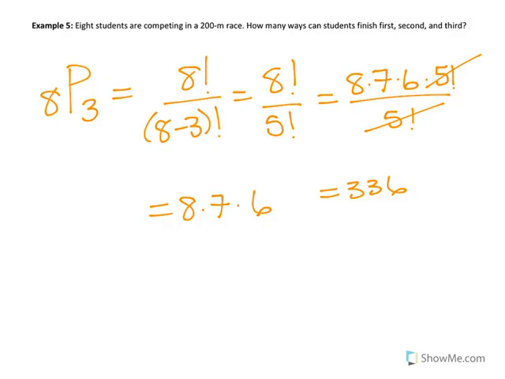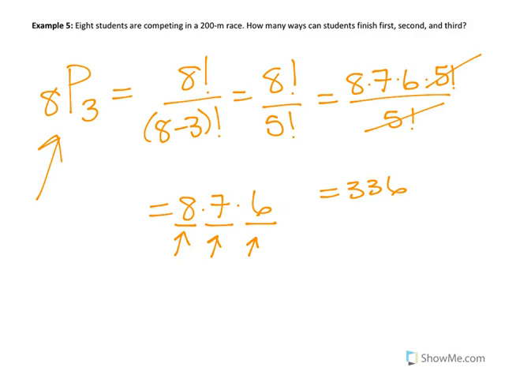We can also think about it as this is first place, this is second place, this is third place. 8 people can get first, 7 people can get second, 6 people can get third. It's the same thing. There is a pick button on your calculator. Some of you it will just be on the main screen.